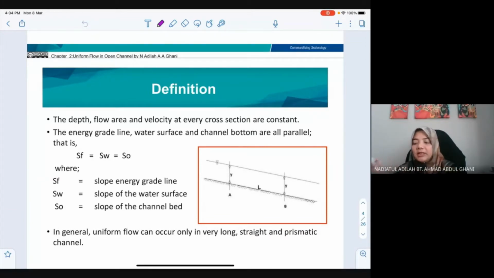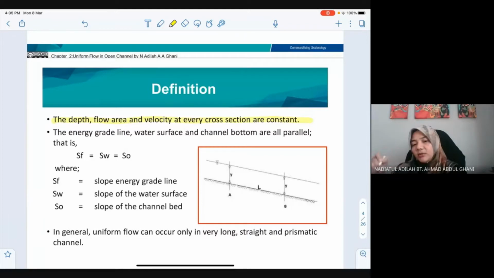Uniform flow ini ialah the depth, flow area, velocity at every cross section are constant. Kalau you tengok dekat sini, apa yang saya tuliskan, kita boleh tengok kedalaman, flow area dan velocity at every section are constant. Maksudnya dia punya ketinggian air, kelajuan air dan juga cross section.